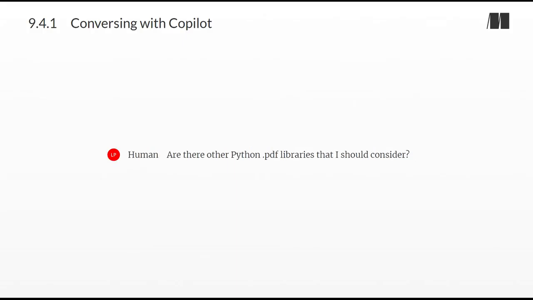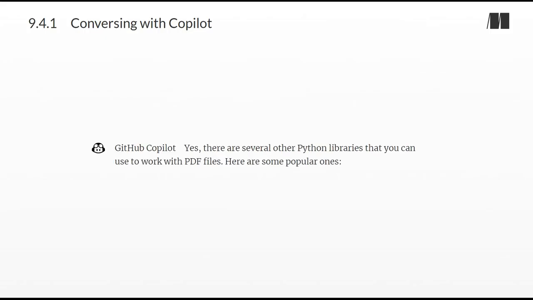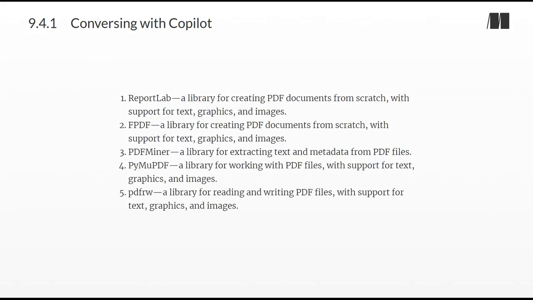Human: Are there other Python PDF libraries that I should consider? GitHub Copilot: Yes, there are several other Python libraries that you can use to work with PDF files. Here are some popular ones. 1. ReportLab, a library for creating PDF documents from scratch, with support for text, graphics, and images. 2.